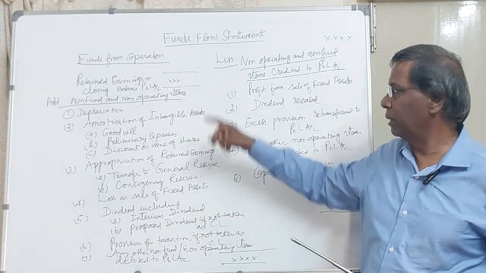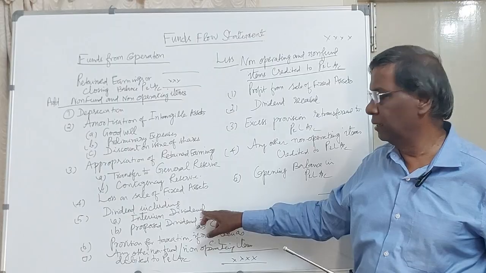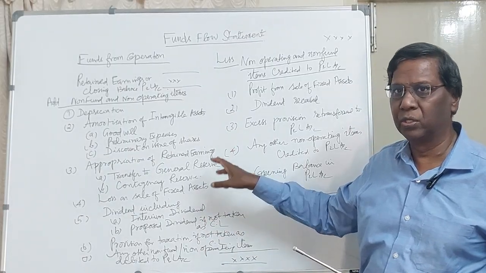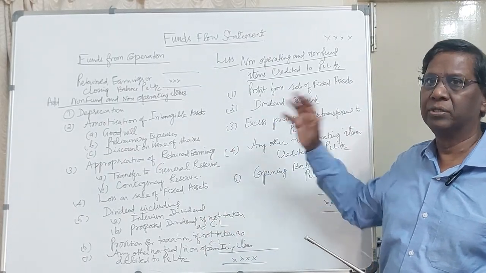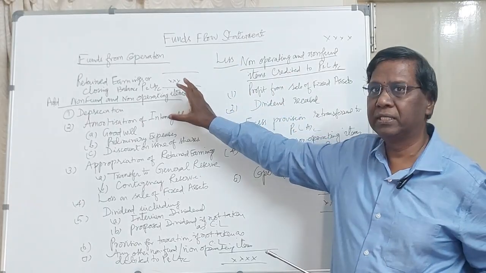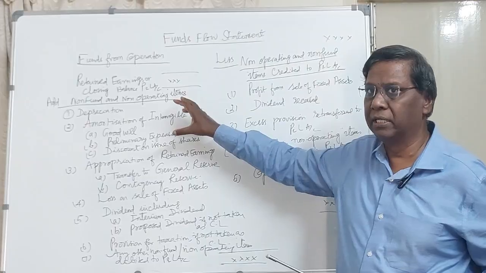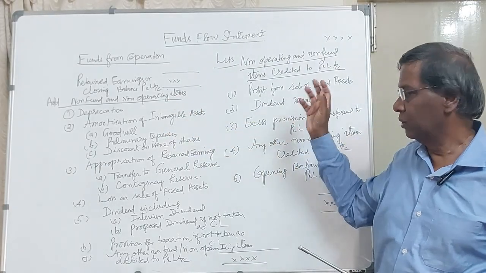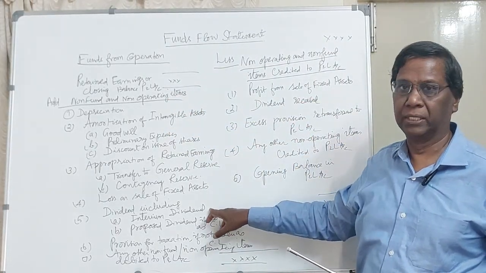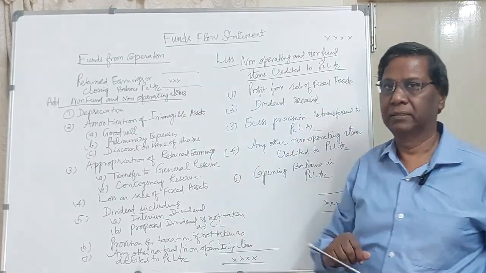So you have to add back, and the dividend you have to show as a long-term use, because dividend is paid out of net profit, which is a long-term source. That is why you are adding back.